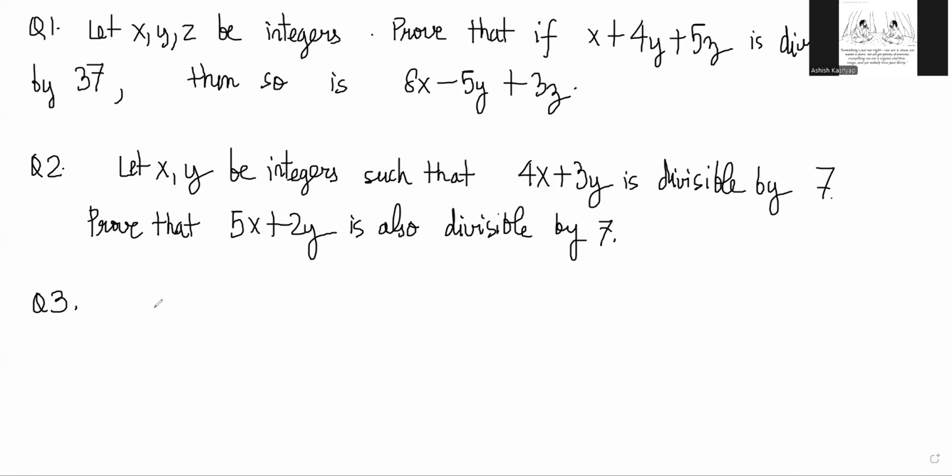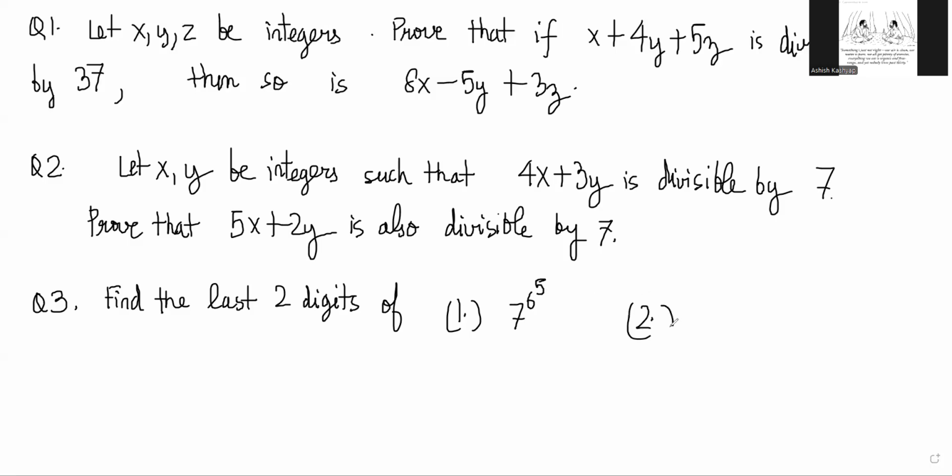Question 3 is find the last two digits of one is 7 power 6 power 5 and 2 is 7 power 7 power 7 power 7.